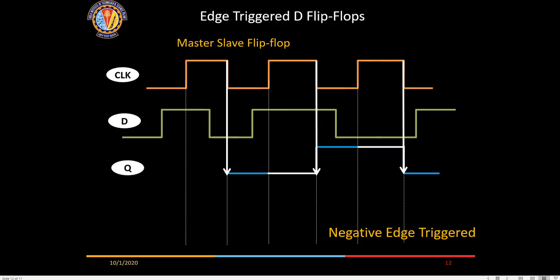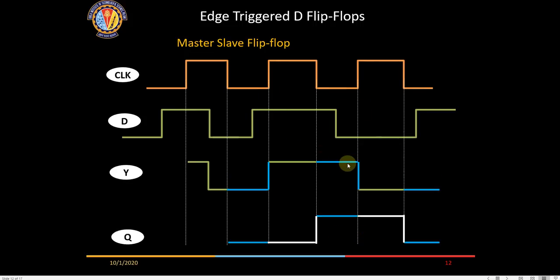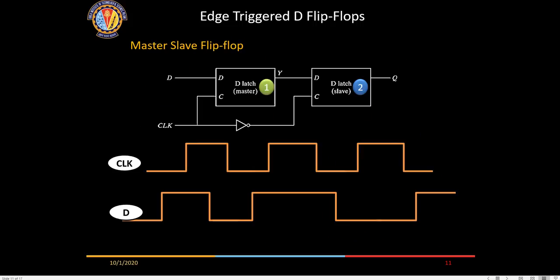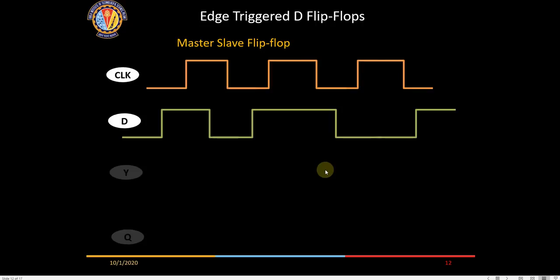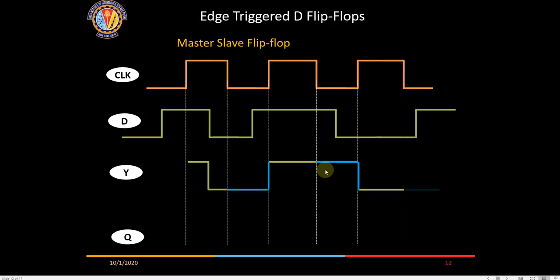It doesn't matter. If D is changing here, then during the transition, whatever is the data will be captured at the output. You can try that. You can analyze this with whatever waveform you want, and you will get the same result. During the negative edge of the transition, the data will be captured.